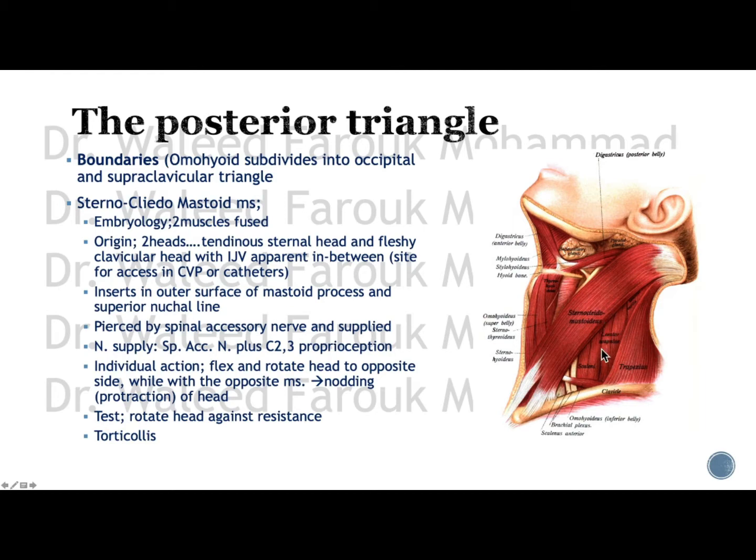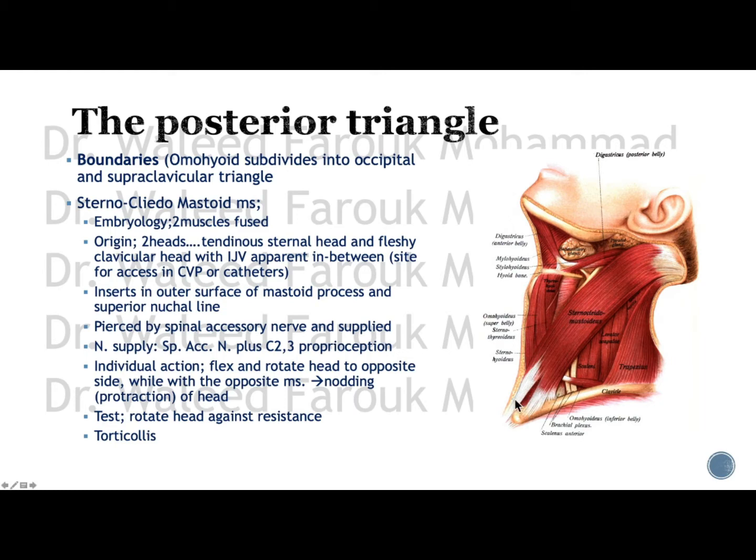Now, before going through the posterior triangle, let's talk about the sternocleidomastoid. Embryologically, the sternocleidomastoid is actually two muscles fused together, and we know that the spinal accessory nerve pierces the muscle. Actually, it passes between the two embryological muscle origins of the sternocleidomastoid and supplies both, of course. It arises by two heads.